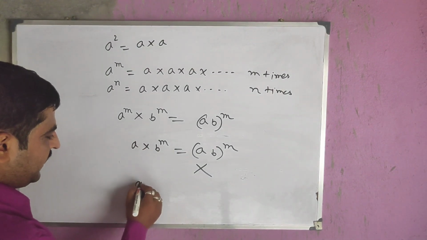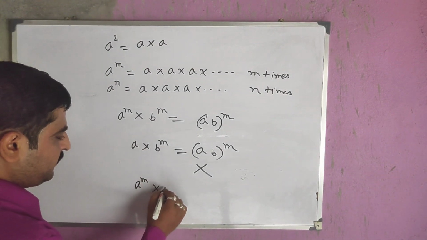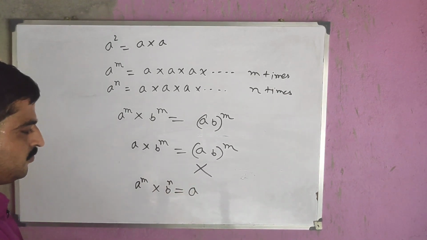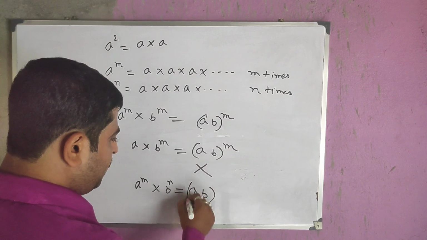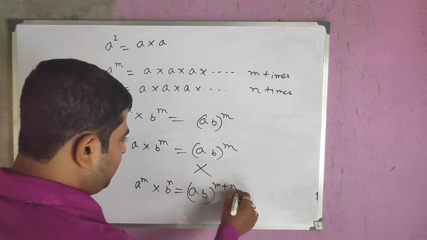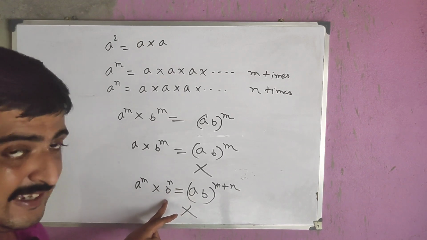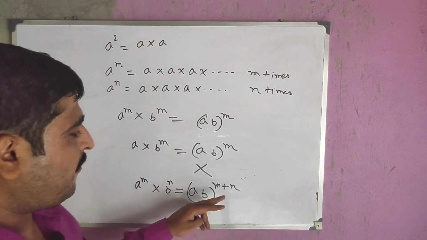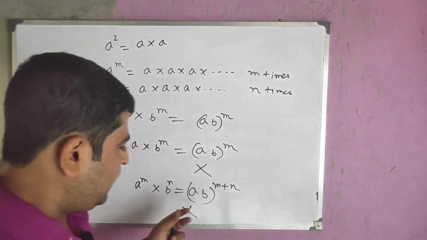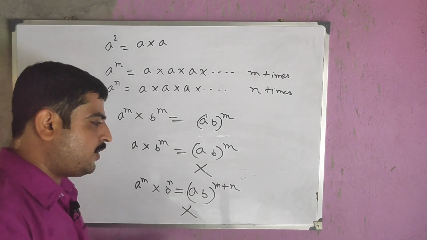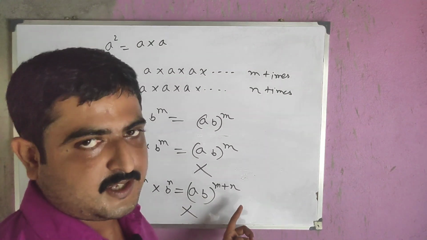Again, if it is like a to the power m into b to the power n, then here also you can't do (ab) whole to the power m plus n. It is also wrong, because in this case the bases are not equal. When powers are added in the case of multiplication, the bases have to be equal; only then are the powers added.